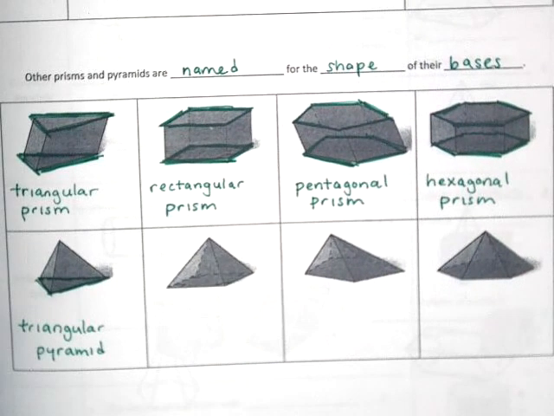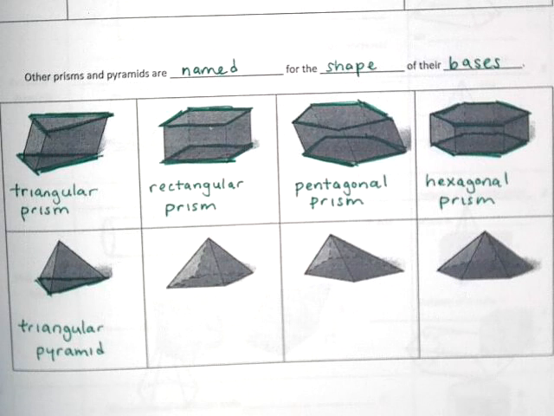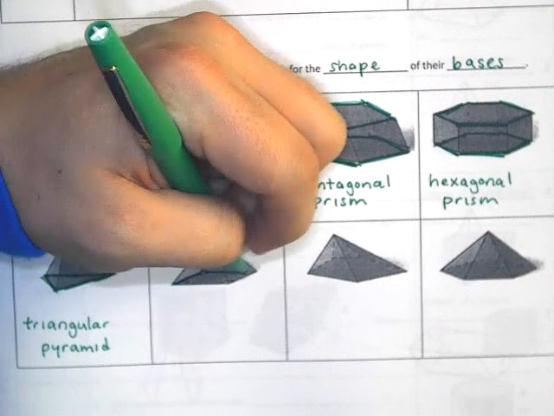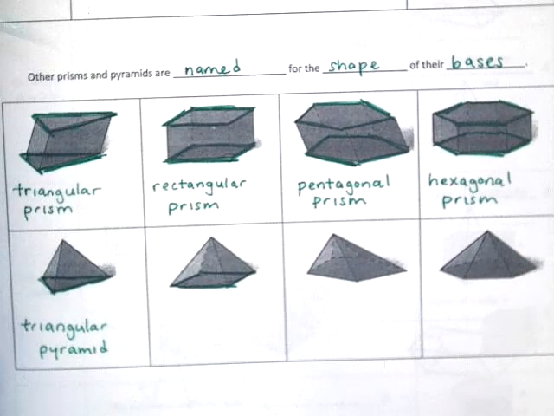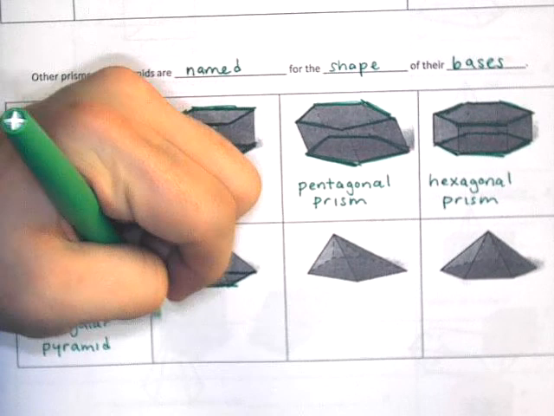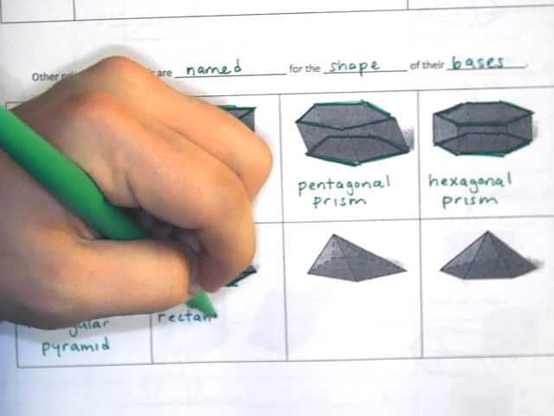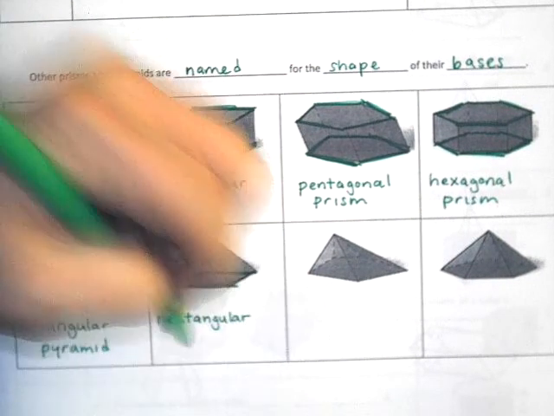When I move to the next picture, there's only one shape, in this case the base, that isn't a triangle. Hopefully you guys see along the bottom is a rectangle, and I know that because of the 4 right angles. So here we have a rectangular pyramid.